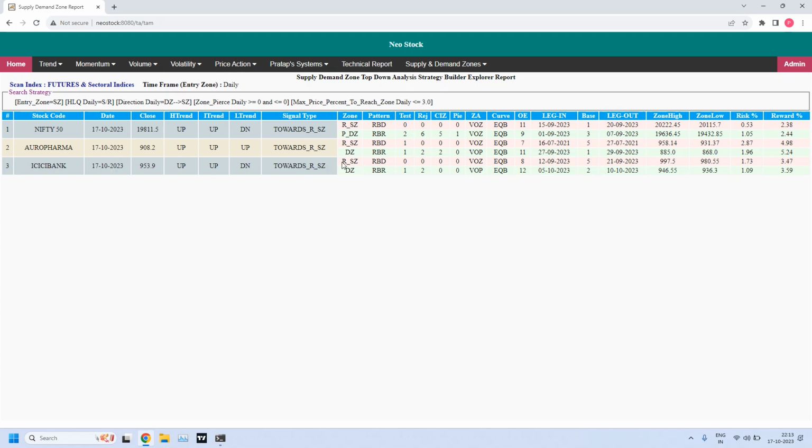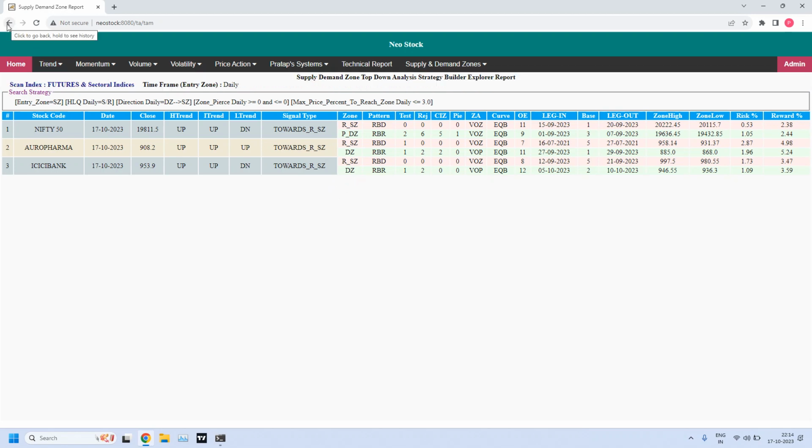So here we have Nifty 50, Aurobindo Pharma and ICICI Bank. And ICICI Bank is also having a fresh high liquidity zone. Price is just 3% before this zone.